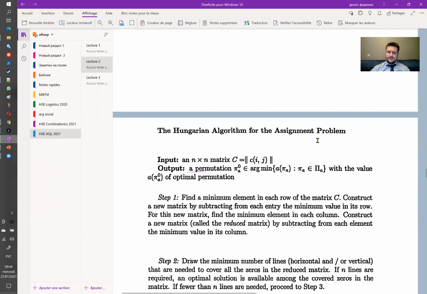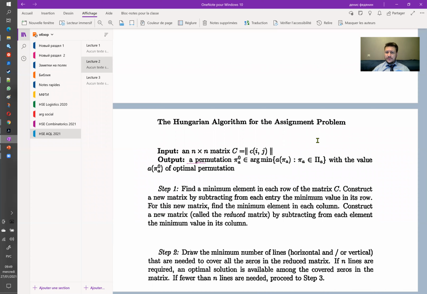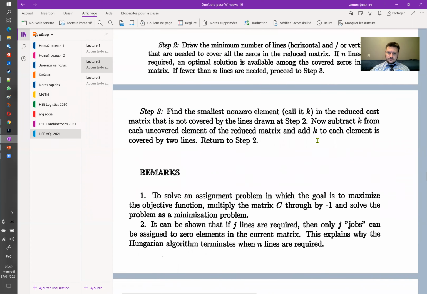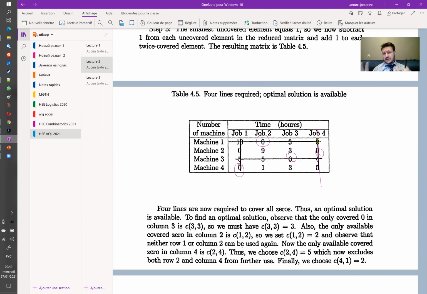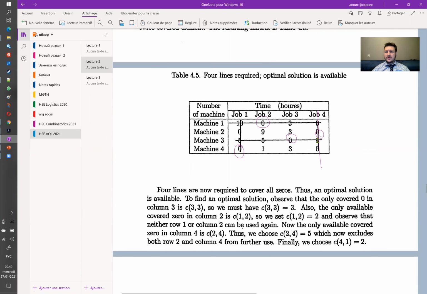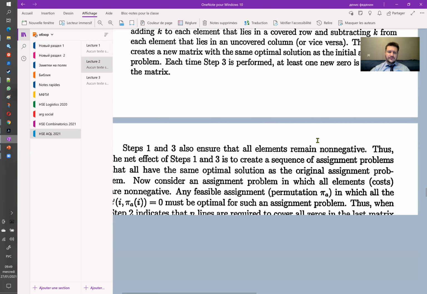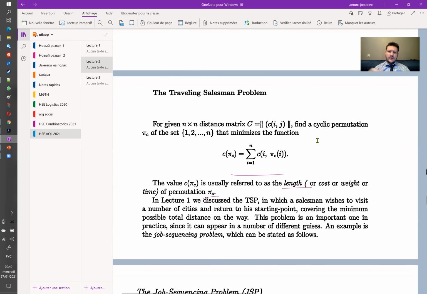And we had discussed the Hungarian algorithm for the assignment problem here, and we have discussed the specific example where we have jobs and machines, cars, robots. We have solved it step by step, and we have discussed a traveling salesman problem.